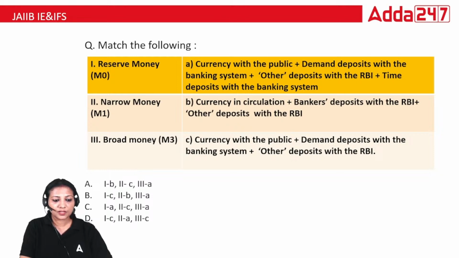What is going to be the answer for this? Reserve money, narrow money, and broad money. Currency with the public, demand deposit with the banking system plus other deposit with the RBI. Time deposits with the banking system.